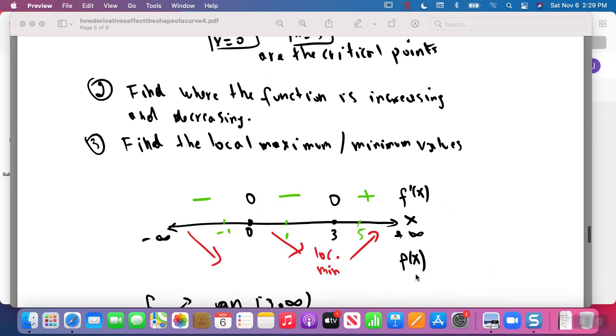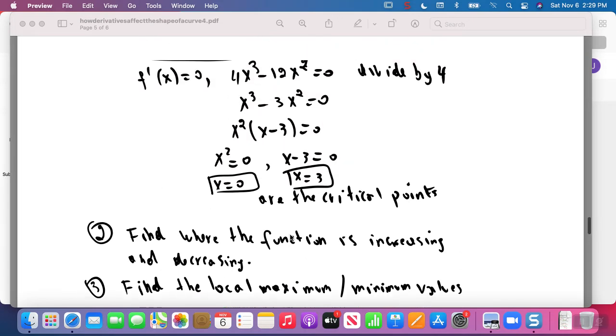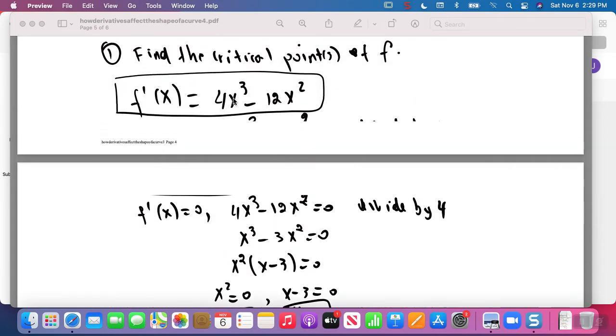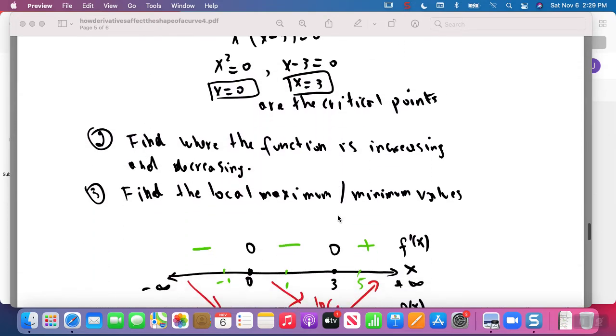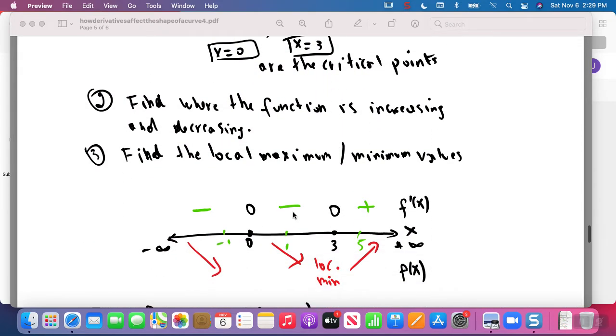In terms of the function, it means the function is decreasing on that interval. If you pick x equals 1 on the second interval as a test point, you plug this in and you're going to get 4 minus 12, which is again negative. So the first derivative is still negative, which means the function is decreasing on this interval.